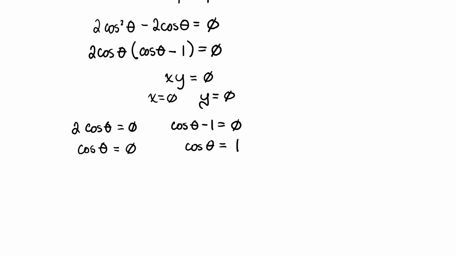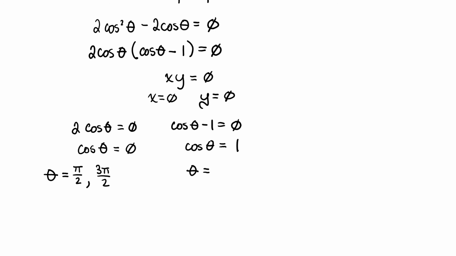Now, what angle measures give you a cosine of 0? Well, between 0 and 2 pi, the angle measures that give you a cosine of 0 are on your y-axis. So the angle measures are pi over 2 and 3 pi over 2. Now, what about 1? When is cosine theta equal to 1?